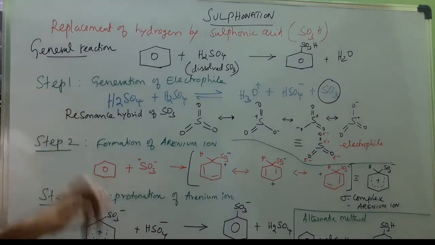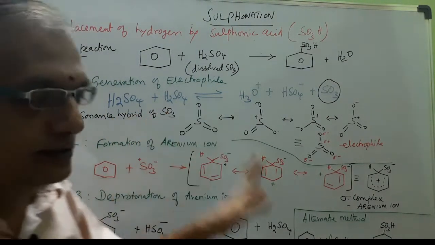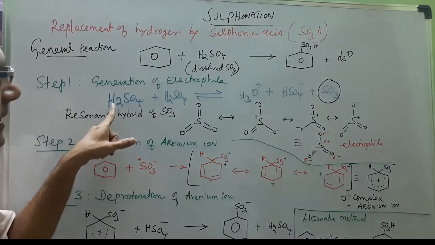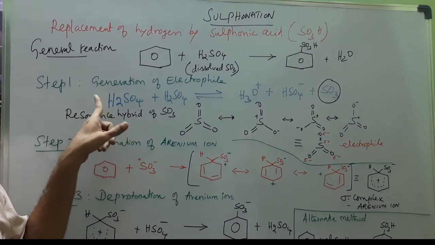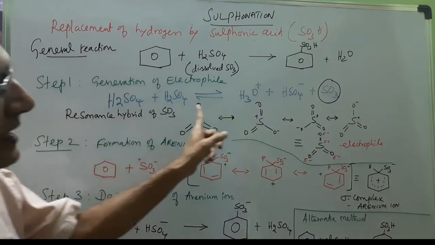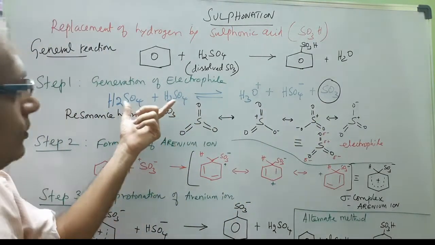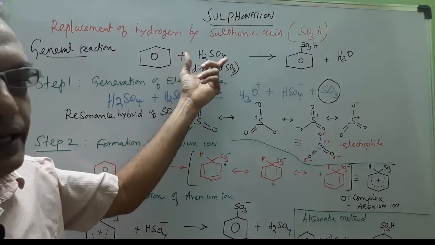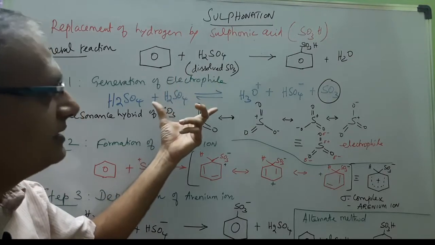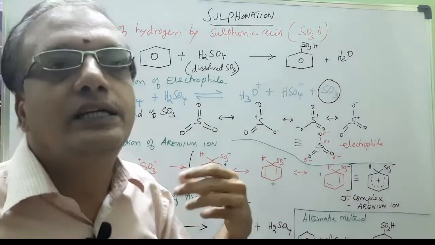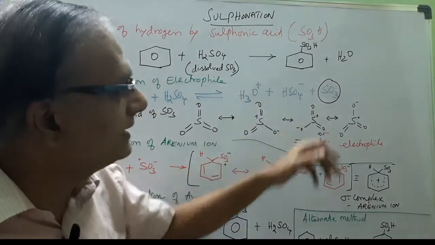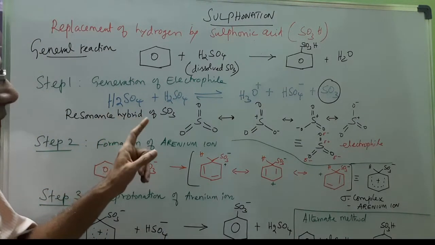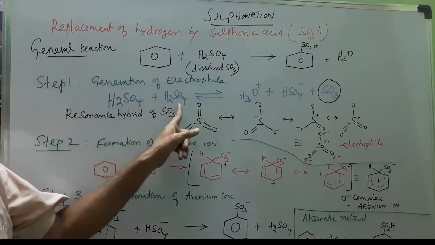And step 1 is the generation of the electrophile. So, how is the electrophile generated? Take sulfuric acid; for the sake of convenience I am taking 2 moles of sulfuric acid here, H2SO4 and H2SO4.